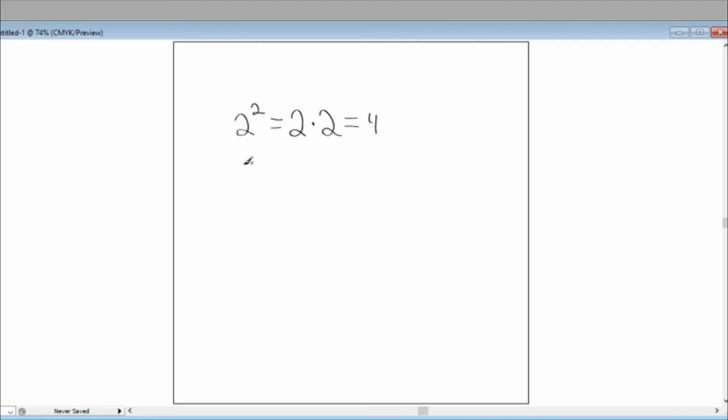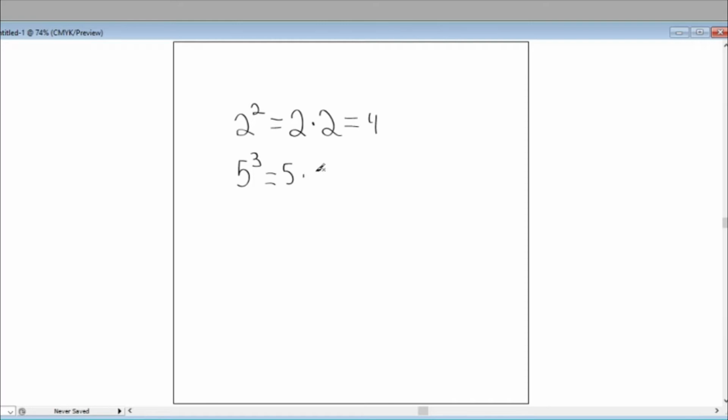We can also say something like 5 cubed. Okay. Well, in the same way, we say it's whatever this number is times itself this many times.